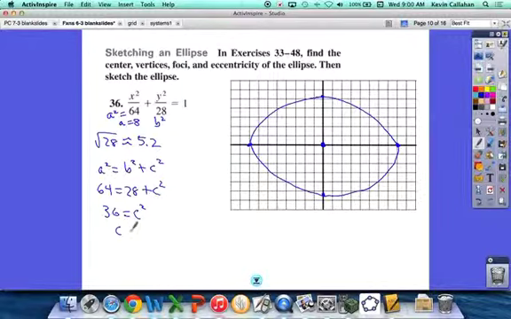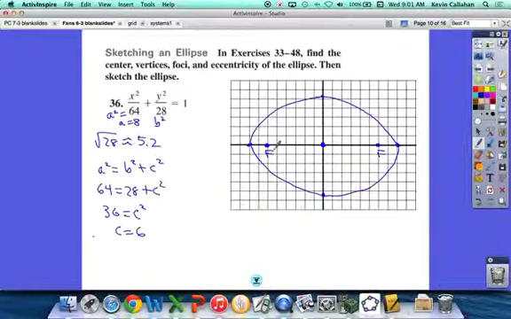So c equals 6. Along the major axis, we go 6, 1, 2, 3, 4, 5, 6 to find one focus, and 1, 2, 3, 4, 5, 6 for the other.